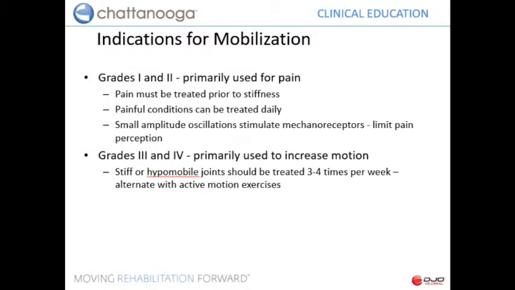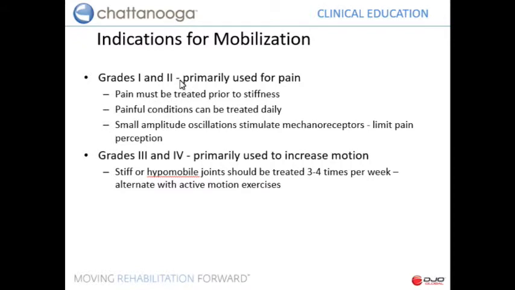And so, again, looking at what are the potential indications for mobilization, I think Maitland's outlined this, as well as Cyriax's, especially in looking at the reasons for why we would use these. I also put within your grade 1 a static.